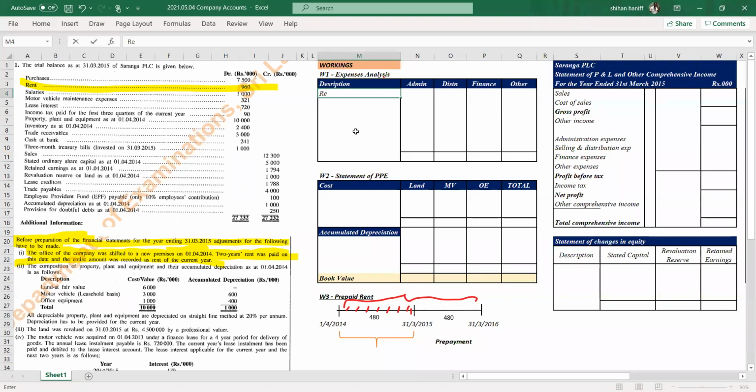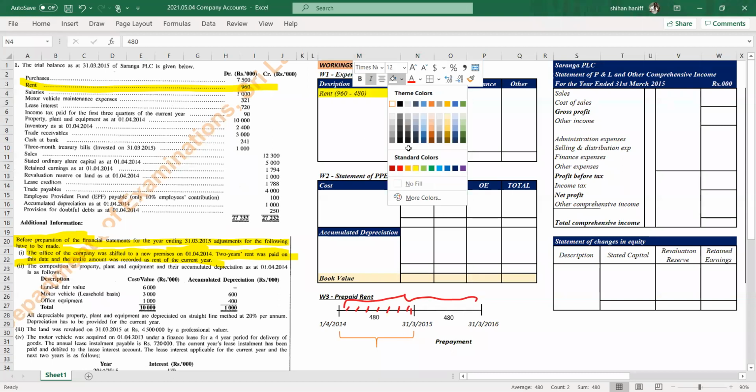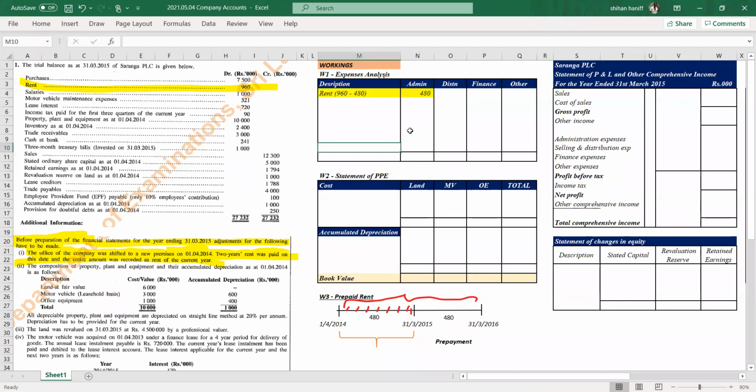So in your expenses analysis, for rent, there is a payment of 960. Out of that 960, you have to deduct 480. Therefore, only 480 is expense for the administration.